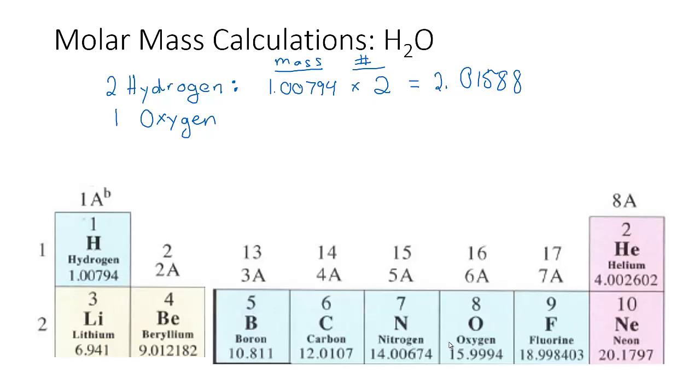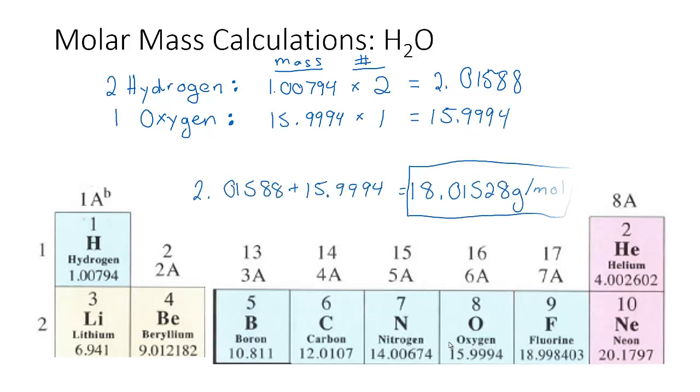Then my oxygen. I have 1 oxygen and it has a mass of 15.994. So now I just add all those masses together and I get a total mass of 18. You can keep a couple decimals, you can keep all of them from this problem, but you only really need about 2, maybe 3 decimals. But the important thing is you have a number, it's around 18, and you have a unit, and that unit is grams per mole. Those are our units for molar mass.